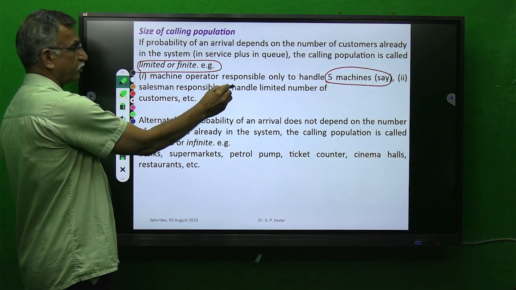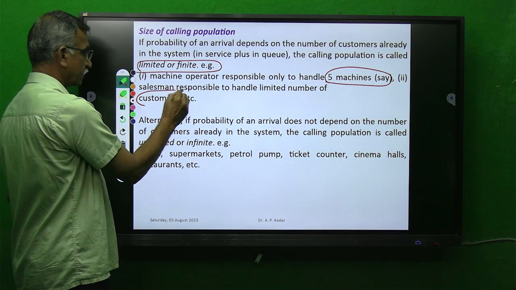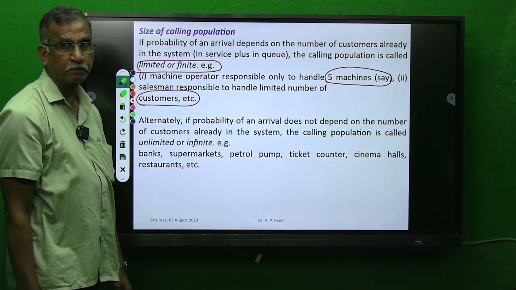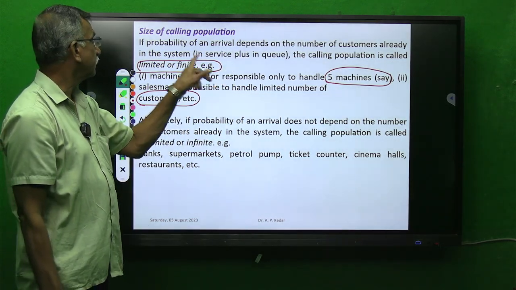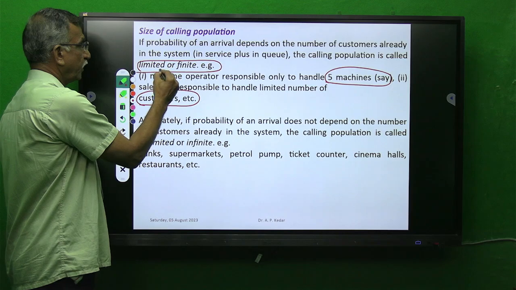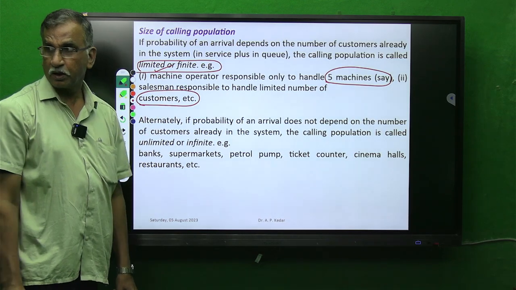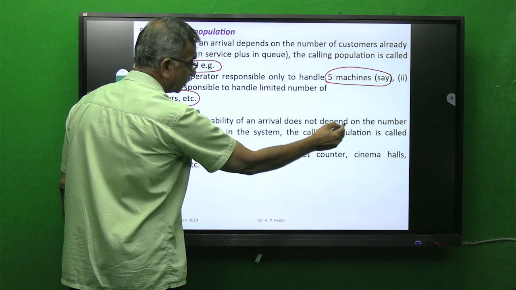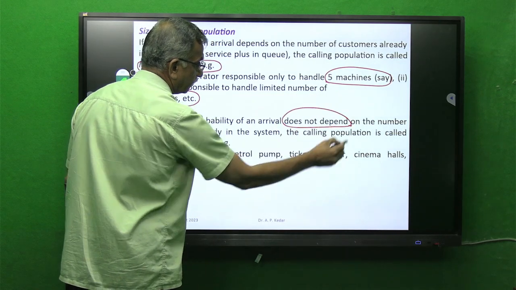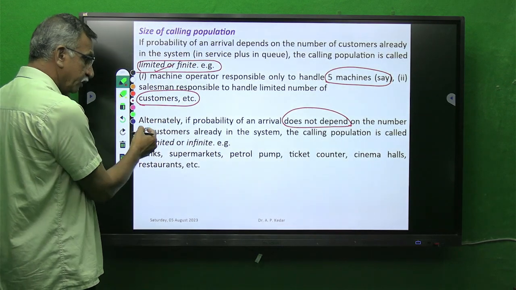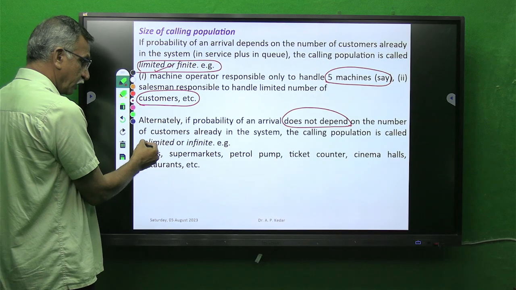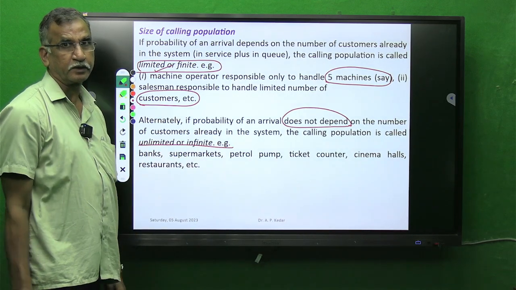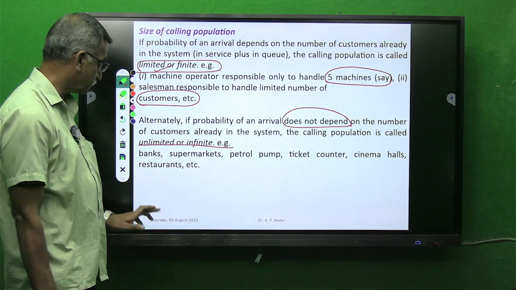A salesman is responsible to handle a limited number of customers. Limitations are there, so that is called finite. In other cases, alternately, if the probability of arrival is not dependent, it is referred to as the unlimited or infinite category.